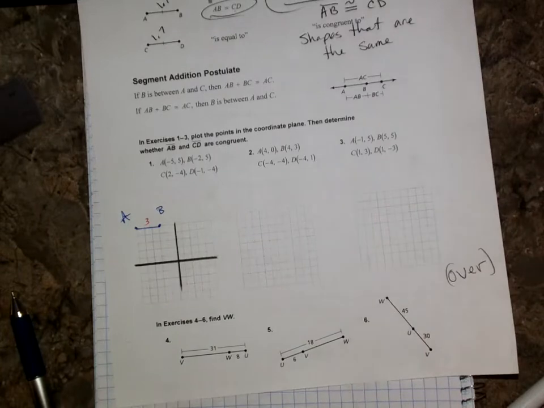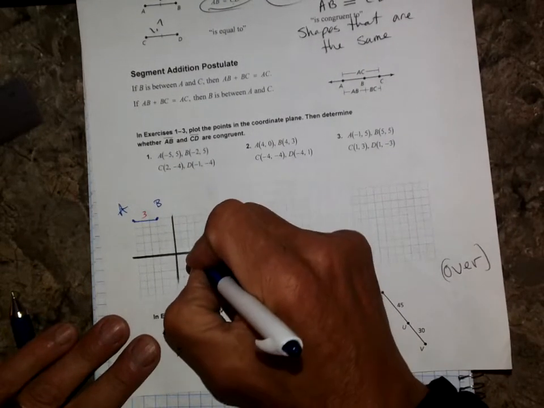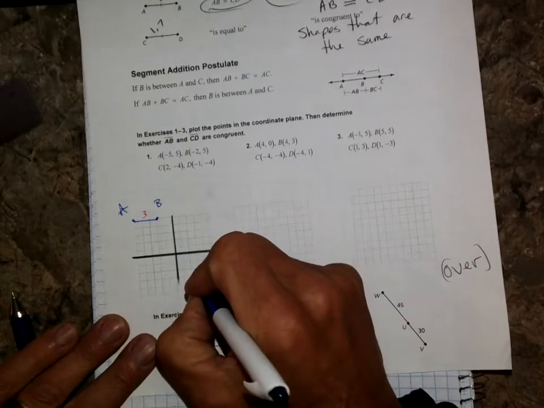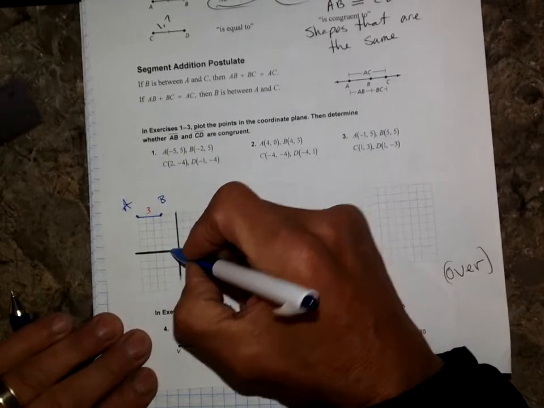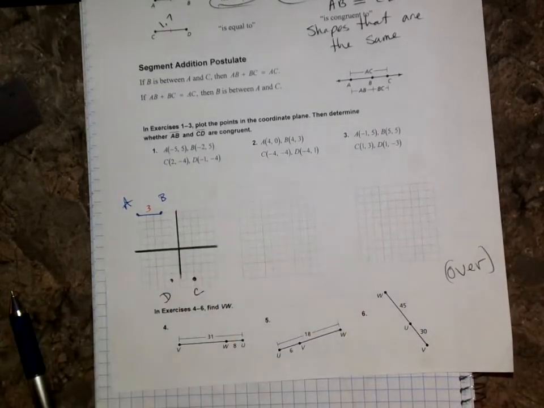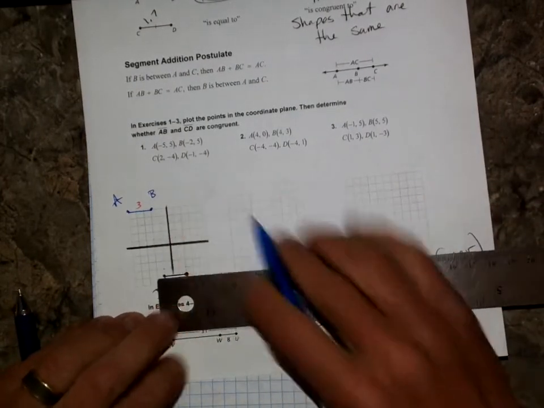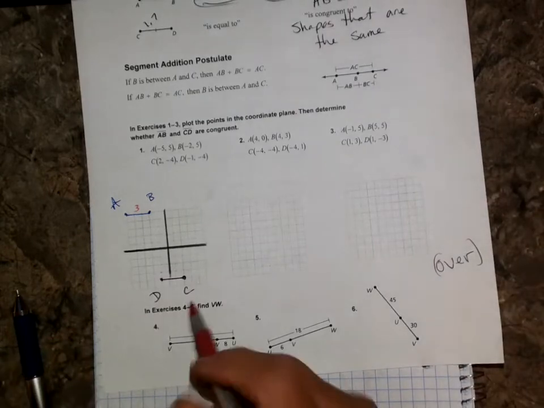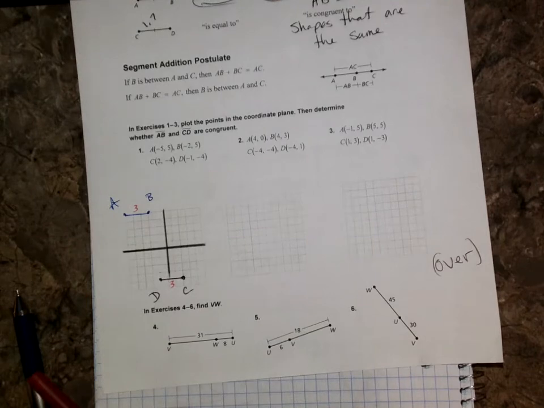And then let's do CD. CD would be 2, -4, 1, 2, 3, 4. There's C. And -1, 1, 2, 3, 4. There's D. Sure enough, if I graph that in, I can just count how long they are, which is going to be 1, 2, 3. So here's what I say. I say two things.